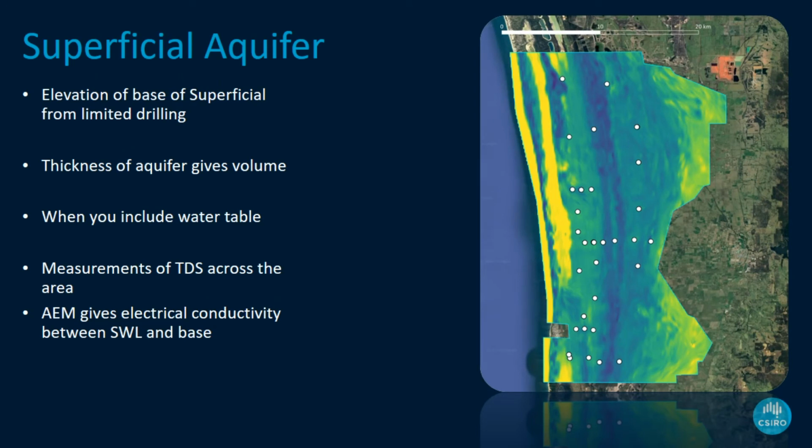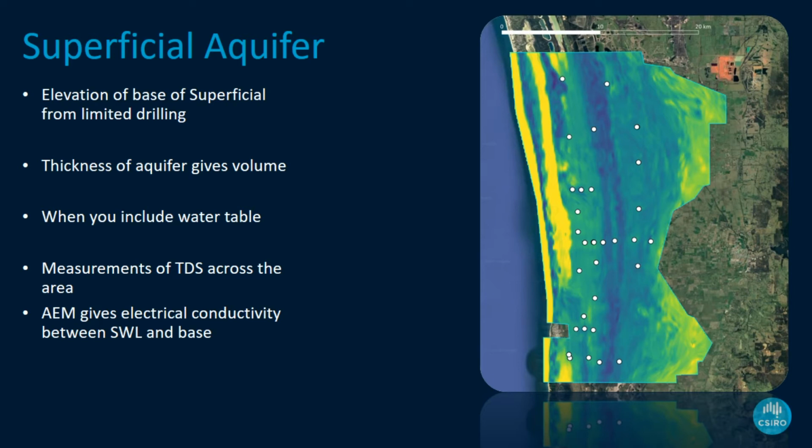Going back up to the near surface of the very superficial, the elevation of the superficial aquifer is based from limited drilling. The thickness of the aquifer gives you the volume, and then you include the water table. So that tells you where, in the superficial aquifer, where the water table is and where the base of the superficial is. That'll tell you the volume of the total contained aquifer.